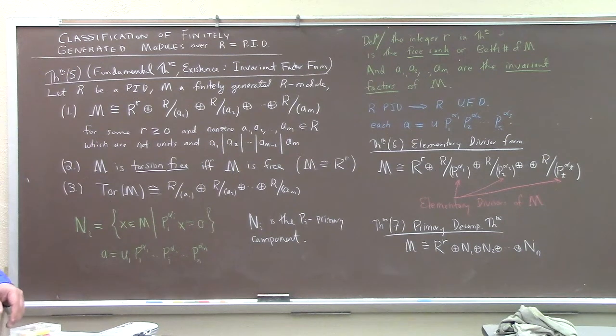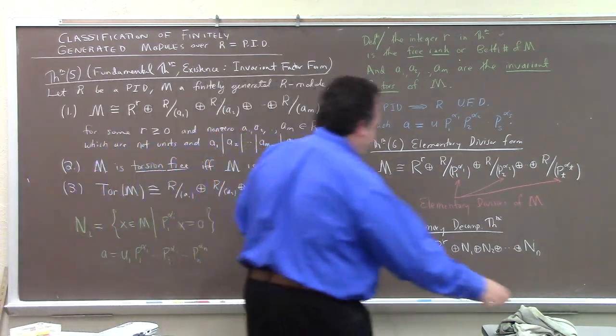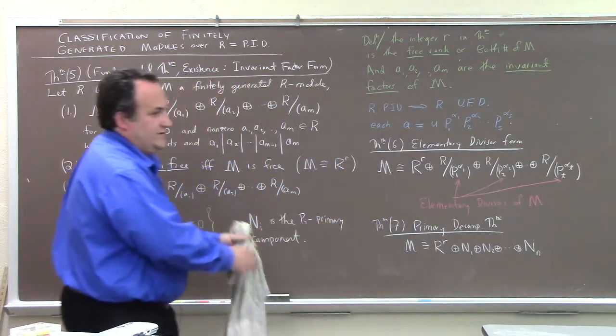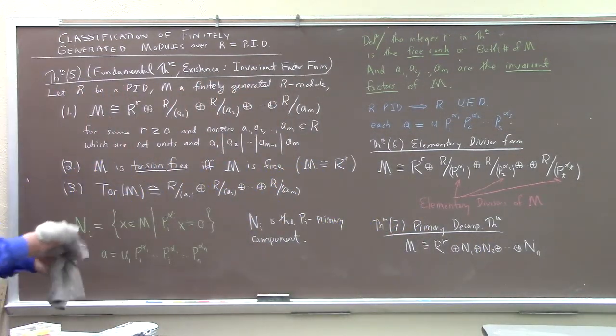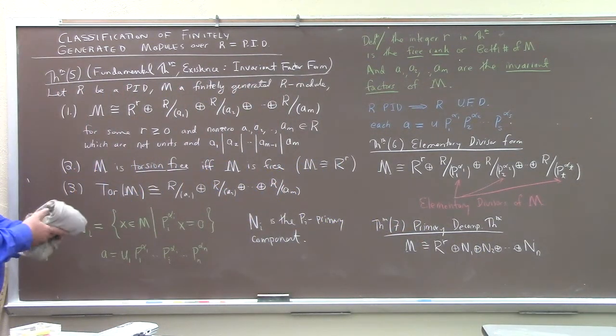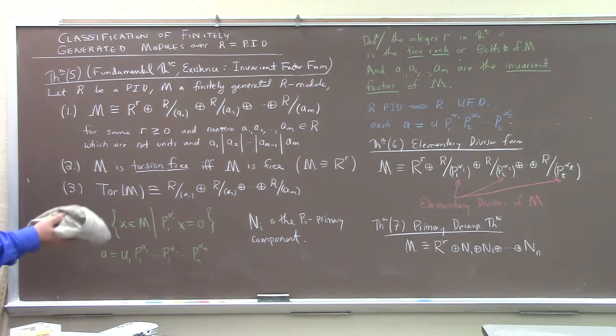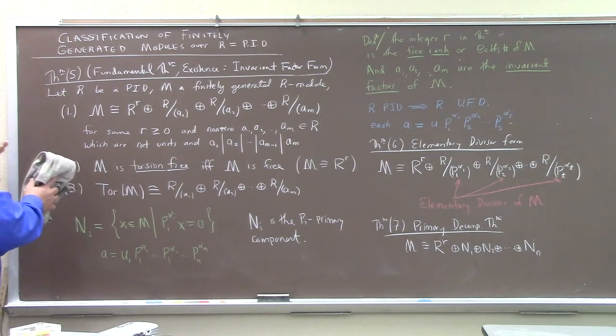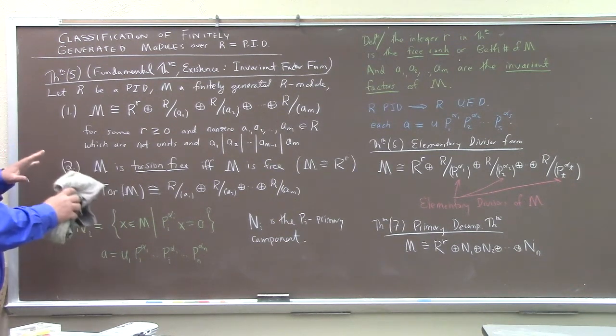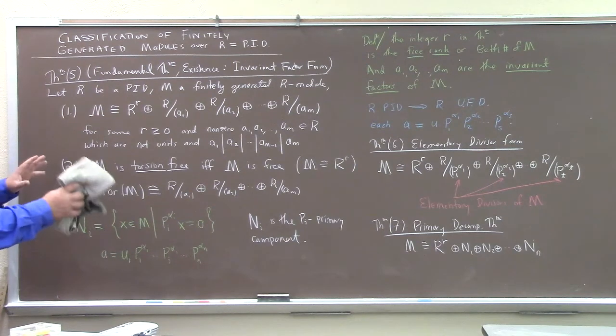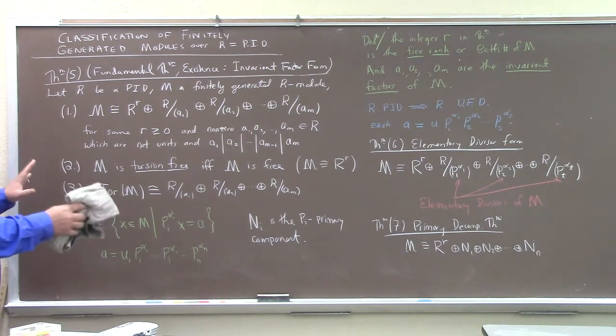I have some examples. So major applications of this for us is, first and foremost, perhaps, the fundamental theorem of finite abelian groups. This reduces to the classification theorem, the fundamental theorem of finite abelian groups, in that case.